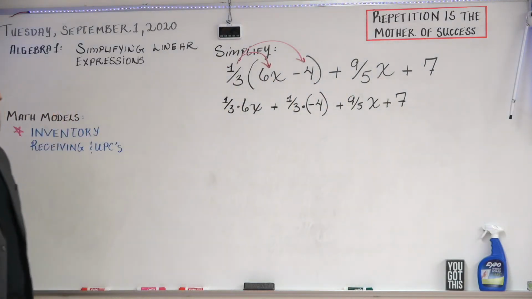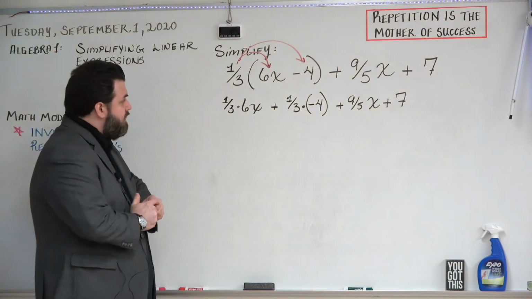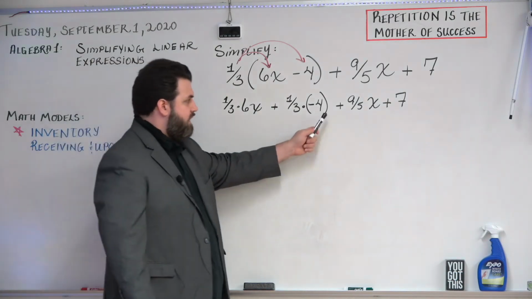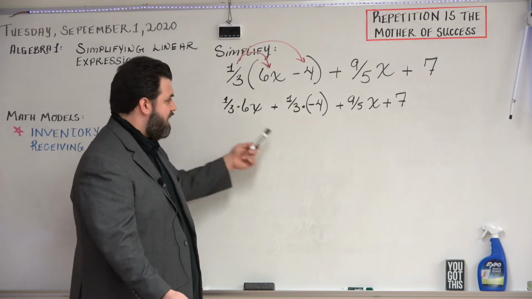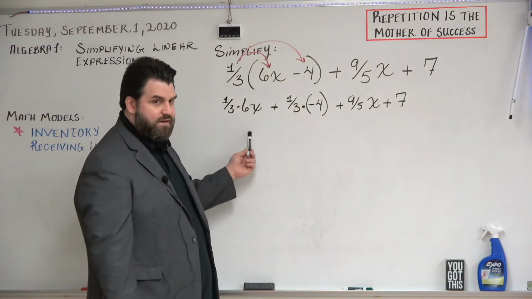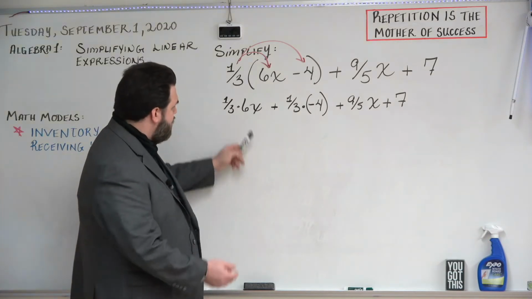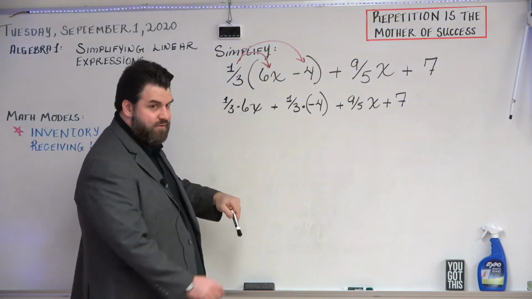These are my favorite problems. Everywhere we see a whole number, it doesn't matter if it's a leading coefficient of a variable or if it's out by itself, everywhere we see a whole number where we're going to end up multiplying, we're going to write that whole number over 1. So instead of 6, we're going to write 6 over 1.